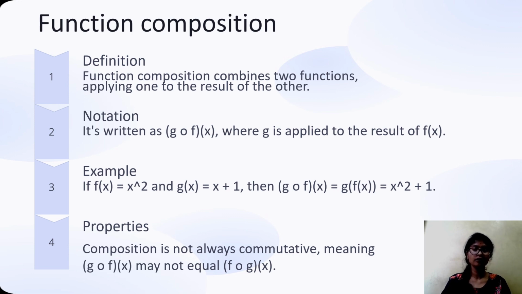For example, if we take f of x equals x squared and g of x equals x plus 1, then g of f of x will be equal to x squared plus 1. And the property is that composition is not always commutative, meaning that g of f of x may not be equal to f of g of x.